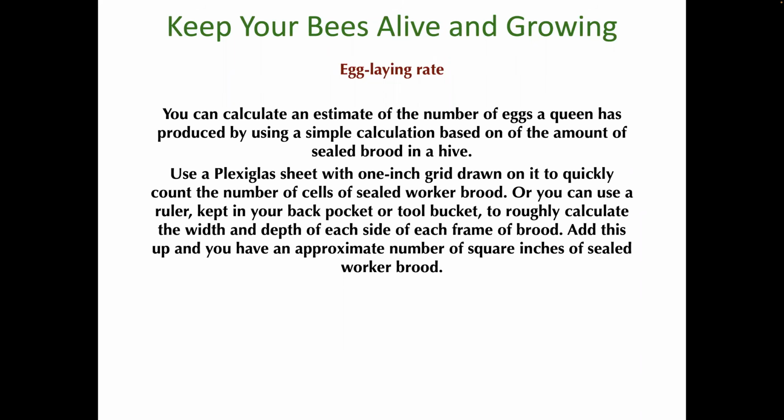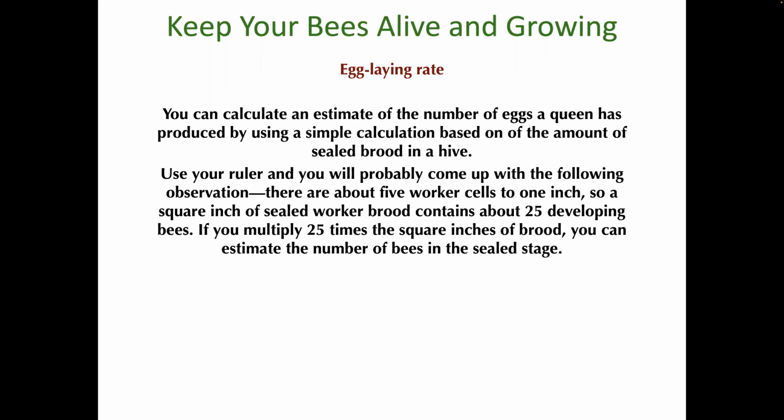So if you have 5 frames with brood on them, that's 10 measurements, and you add those up. That gives you the number of square inches of sealed brood. With honeybees, it's about 25 developing worker bees per square inch. If you multiply that number by 25, that gives you an estimate of the number of bees in the sealed stage. Now, that's not quite yet the egg-laying rate.